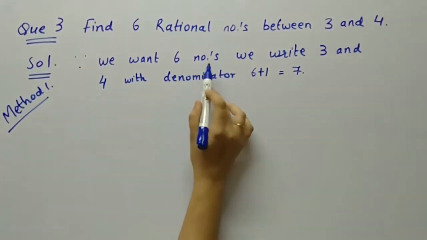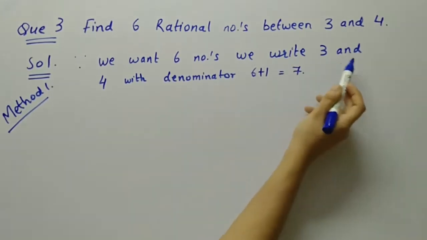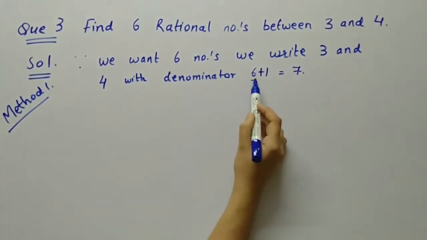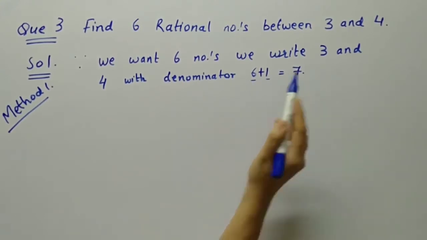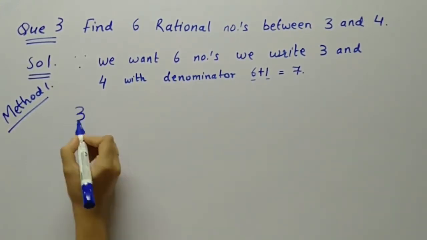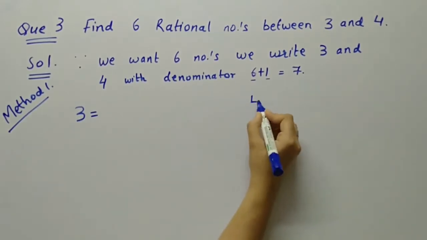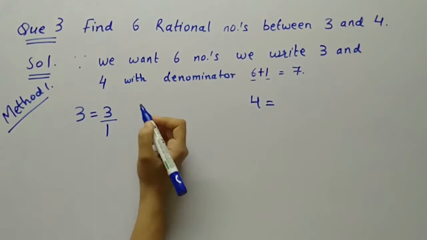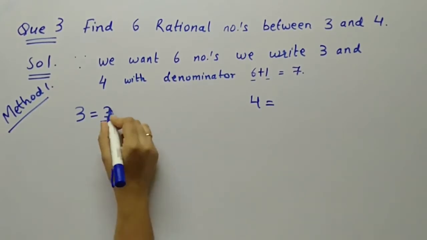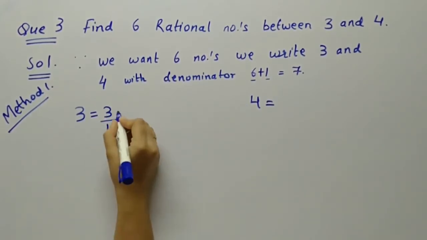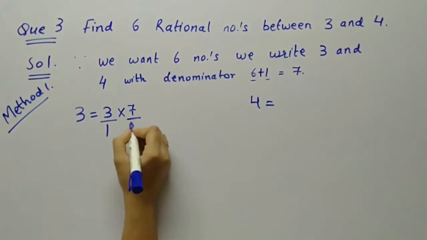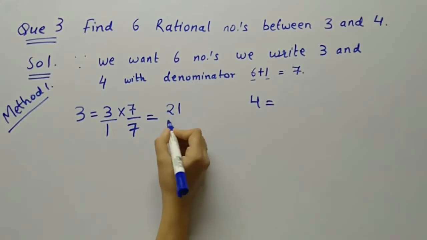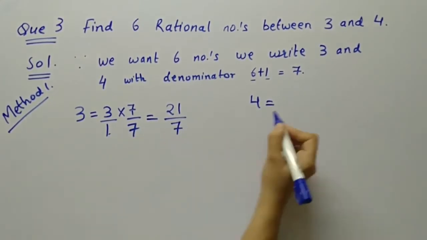Since we want 6 numbers, we write 3 and 4 with denominator 6 plus 1, which is equal to 7. So now we will represent 3 and 4 with denominator 7. So we can write 3 as 3 upon 1 multiplied by 7 upon 7, which is equal to 21 upon 7.